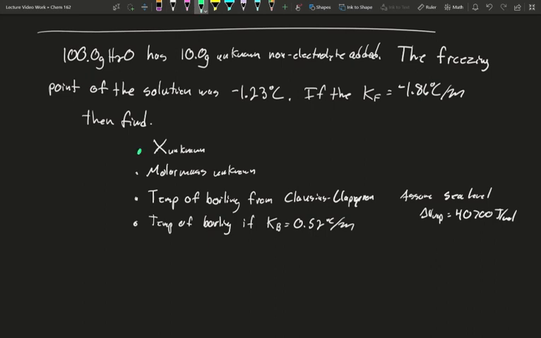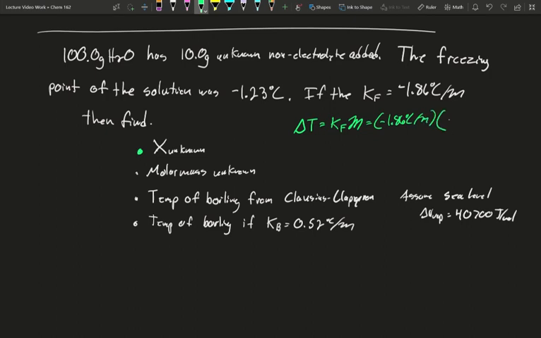All right, if you're back, well, let's first start with that mole fraction of unknown. Let's think for a minute. What do we have? I've got a weight of water, a weight of unknown, and a change in temp. So my change in temp is going to be equal to some K, in this case F, because we're freezing, times the molality, which we know is negative 1.86 degrees Celsius per molal.